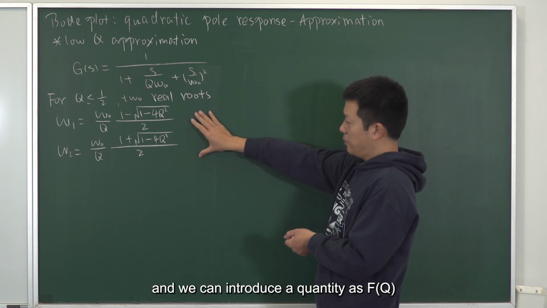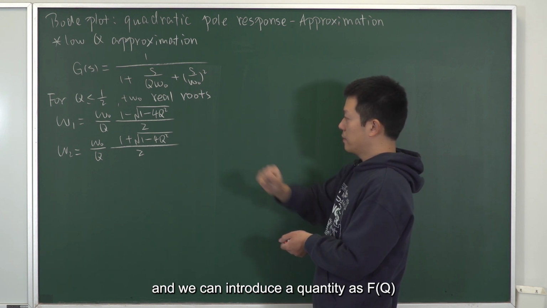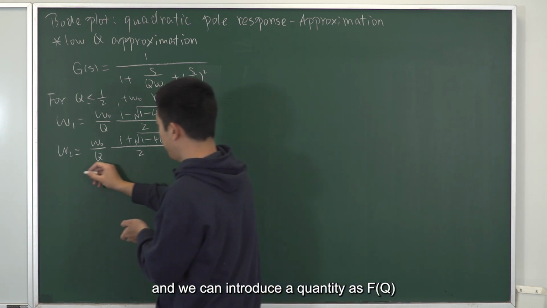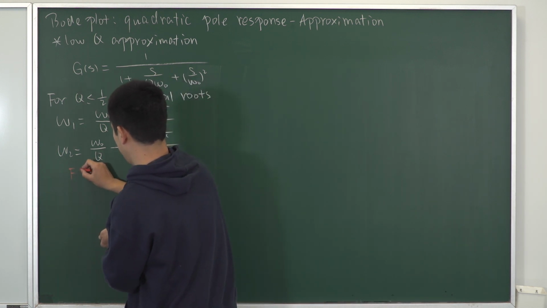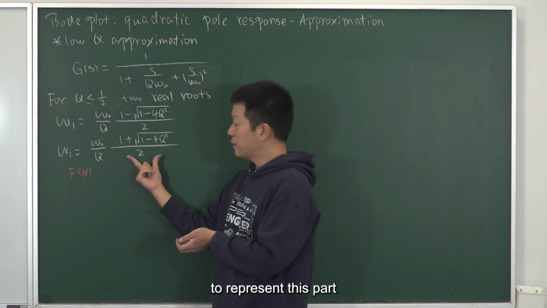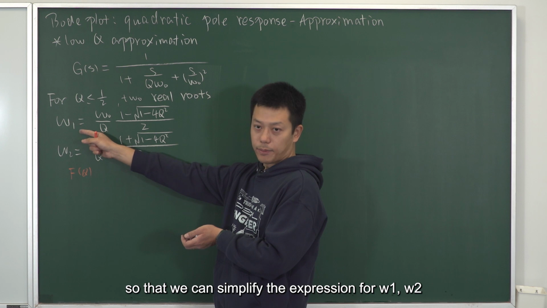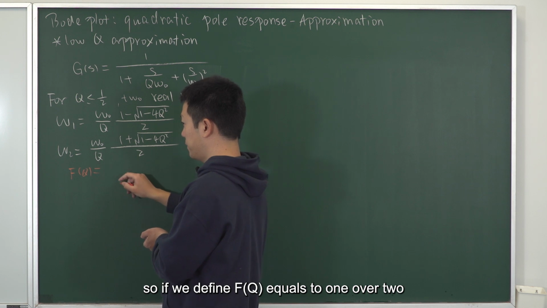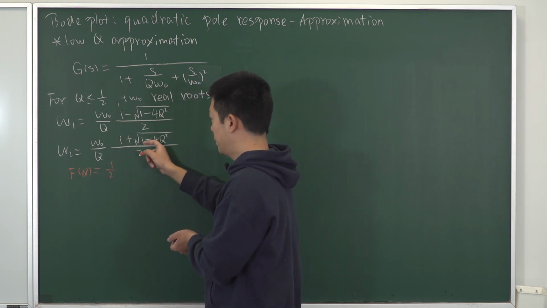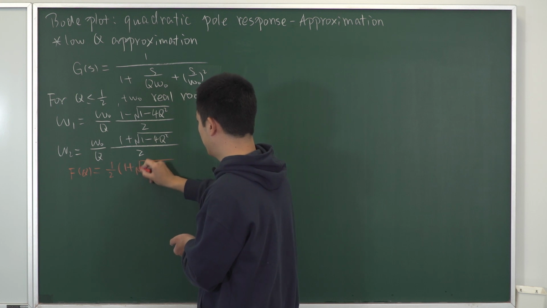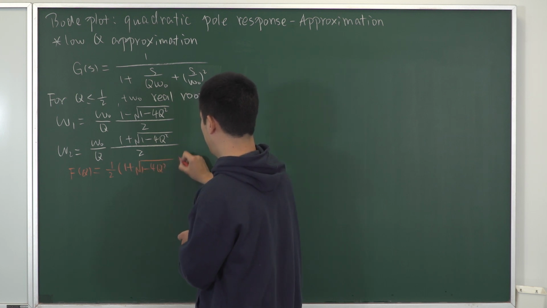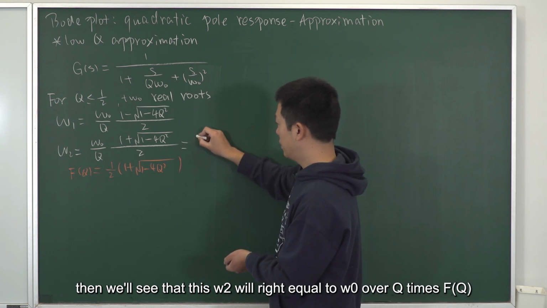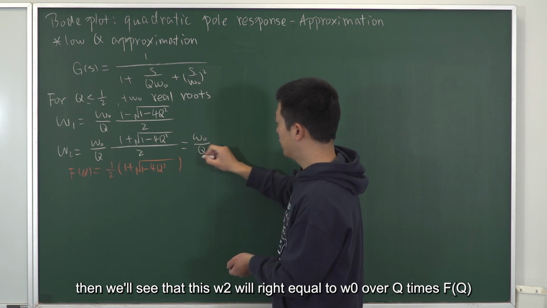And we can introduce a quantity F(Q) to represent this part so that we can simplify the expressions for omega 1 and omega 2. If we define F(Q) equals 1 over 2 times (1 plus the square root), then omega 2 equals omega 0 over Q times F(Q).